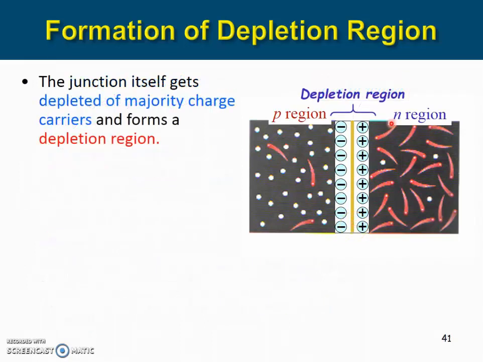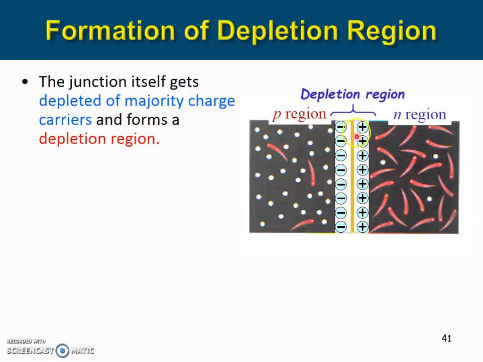Let's recall that in an n-type material, the majority charge carriers are the free electrons. In a p-type material, the majority charge carriers are the holes. When the free electrons diffuse from the n region to the p region, they combine with the holes in the p region. And that is why in this layer of negative charges, there are no holes.